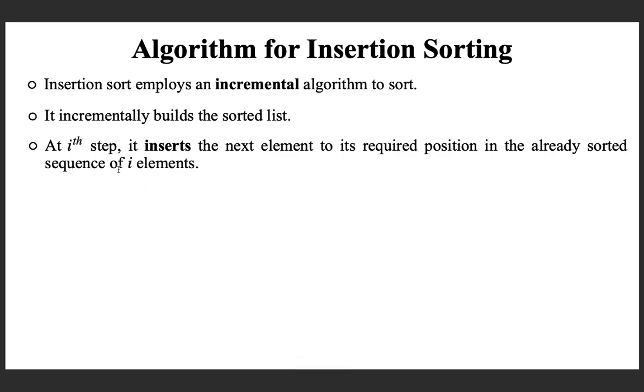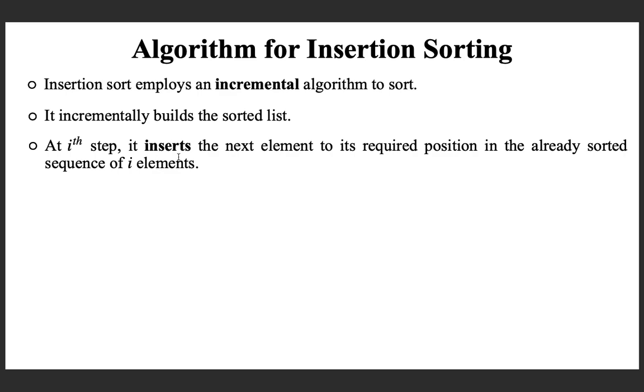So, at the ith step, it inserts the next element to its required position in the already sorted sequence of i elements. Maybe at this point of time this statement is confusing.